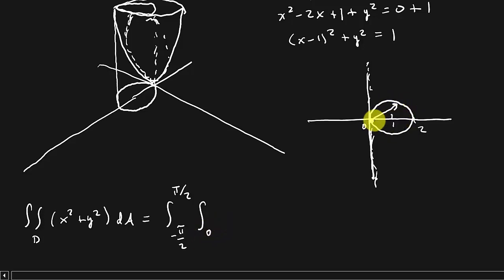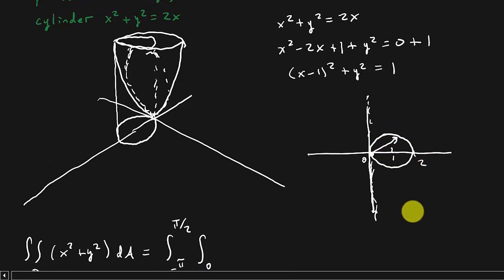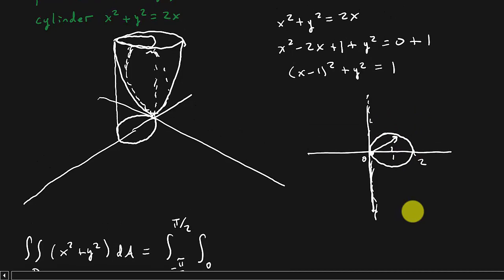We know we're going from 0 out to this curve here. So what is that? I need it in polar form, right? So how do we get that? Well, isn't this the equation of this circle? See, I completed the square on it. There's the equation of that circle.